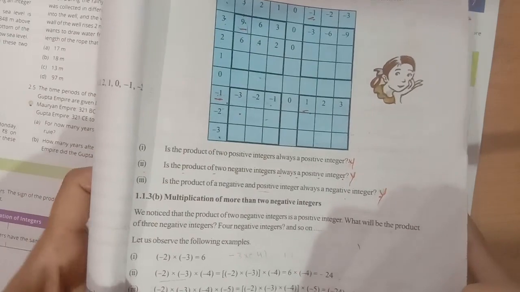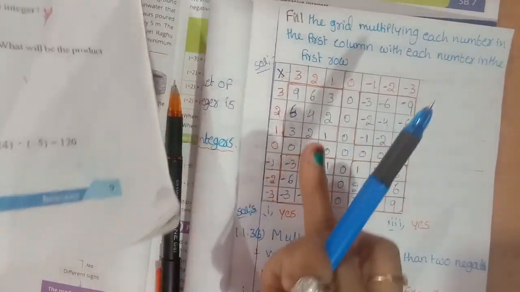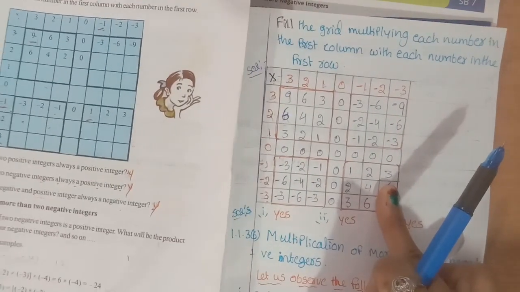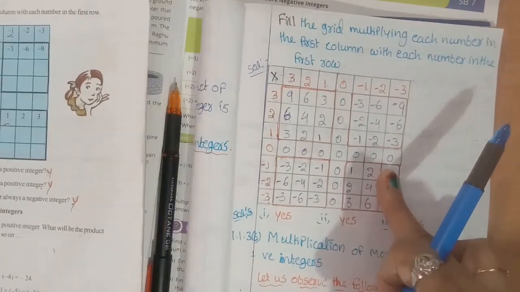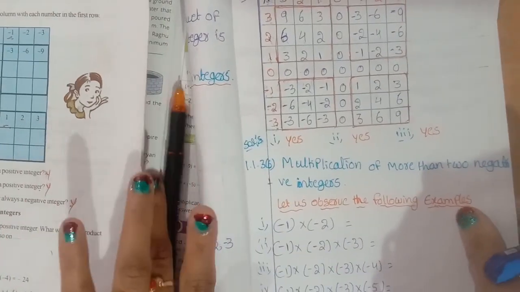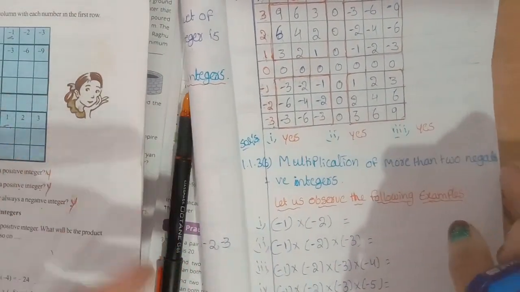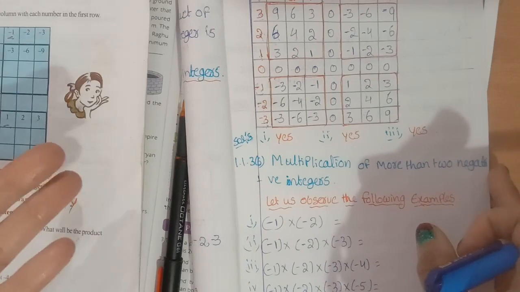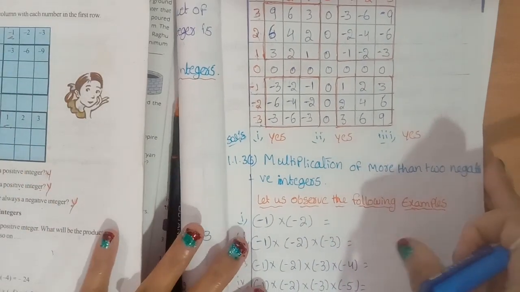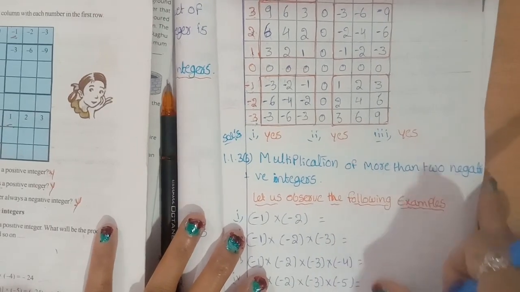First of all, the product of two negative integers is always a positive integer. You know that only. Now the product of, for example, three negative integers, also the product of four negative integers, five negative integers, six negative integers, what we will get as the answer, today we learn it.